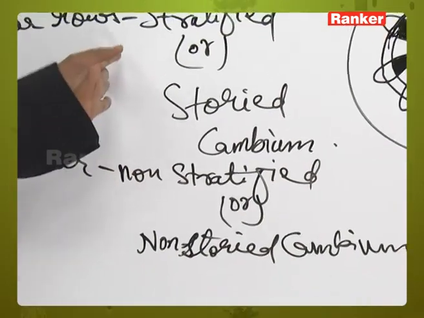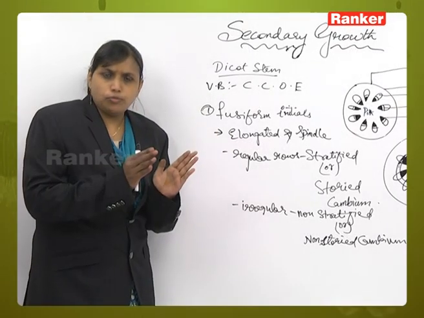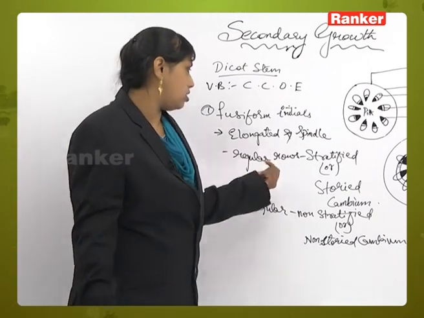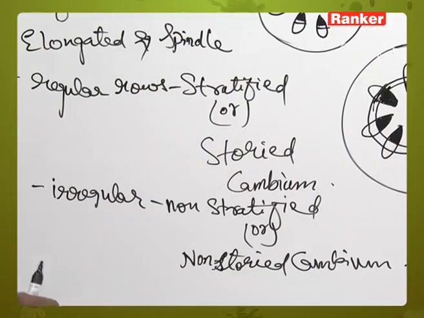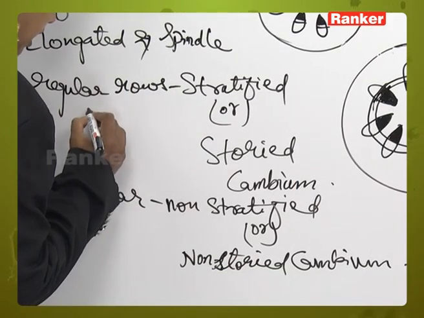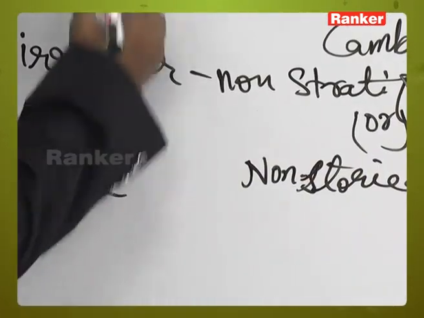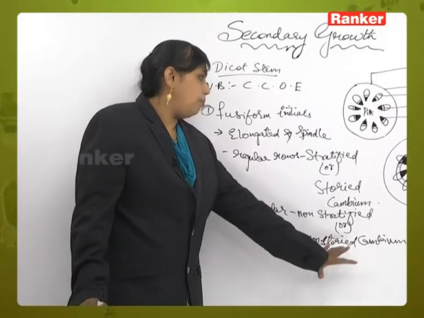So, fusiform initials are those cells which are elongated and spindle shaped, and if they occur in a regular row fashion, they are called stratified or storied cambium. And if in some cases they occur in irregular form, without regular row formation, then that type of cambium is called non-storied or non-stratified cambium.